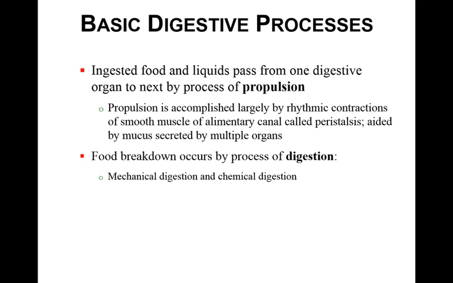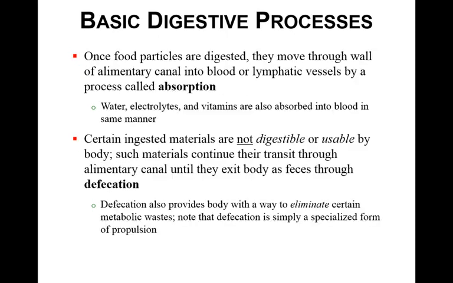And then the food is broken down by the process of digestion. And we have two types of digestion, mechanical and chemical. After digestion, we have the really important process of absorption. Once the food is digested, it moves through the wall of the alimentary canal into the blood or the lymphatic vessels. Water, electrolytes, and vitamins are also absorbed into the blood in this same manner.